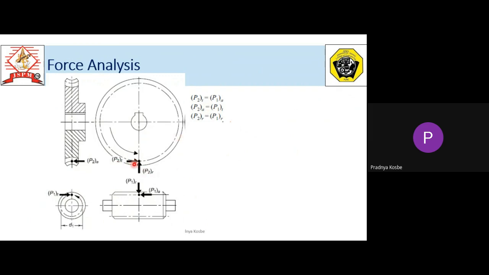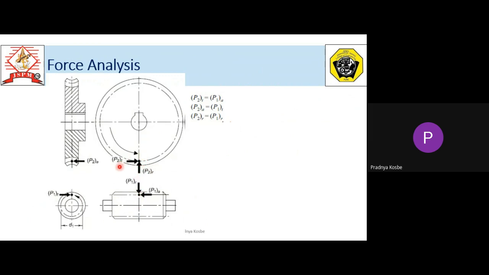Now according to this diagram, we can say P2T is equal to P1A, because there should be equilibrium. Then P2A is equal to P1T, and P2R is equal to P1R.